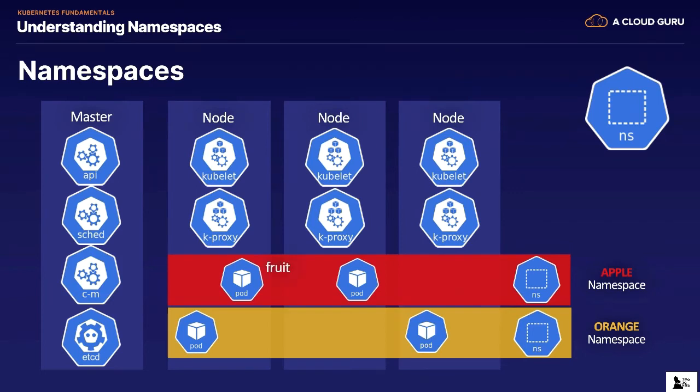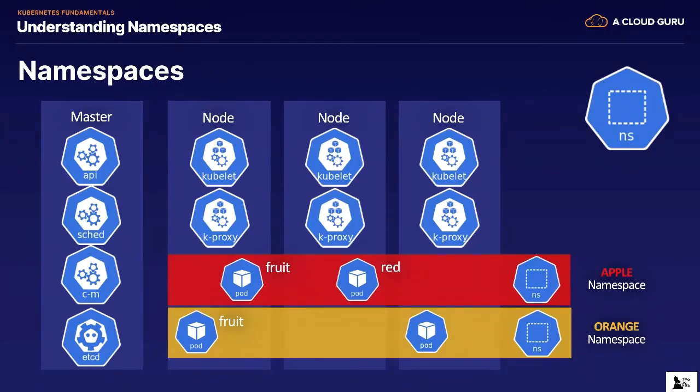Now, we could name the first pod in the Apple namespace Fruit. That name is unique in the namespace. We could also name the first pod in the Orange namespace Fruit as well, because it's unique within the namespace. It doesn't have to be unique across the cluster. However, if we go to name the other pod in the Apple namespace Fruit, that's not going to be possible because there's already a pod named Fruit in the Apple namespace.